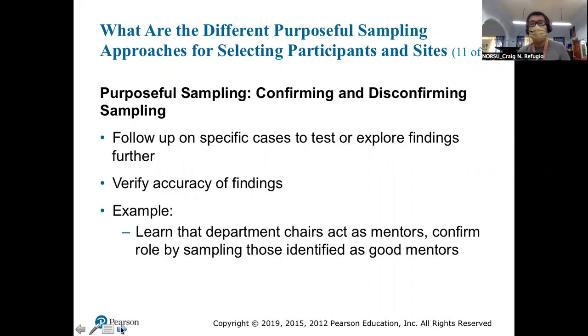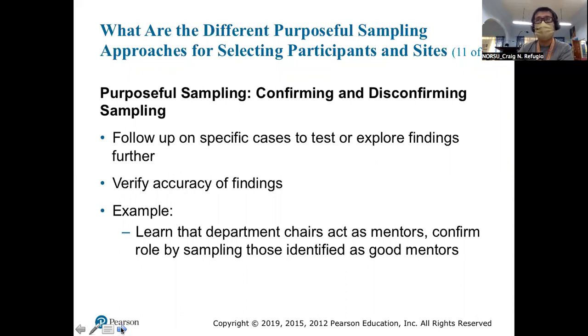Then confirming and disconfirming samples. Follow up on specific cases to test or explore findings further. Verify accuracy of findings. So you look into data that does not conform to the model or the theory, and you follow up those different respondents and ask why.